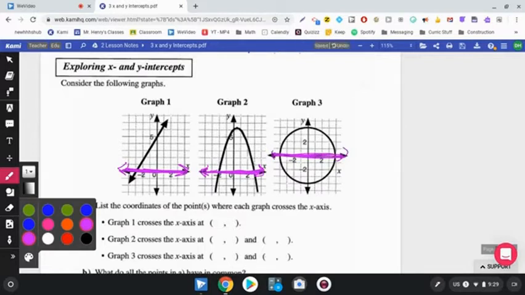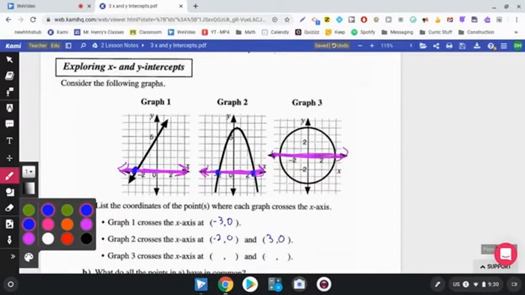Well, for the first one, I cross it at -3. I go back 3, so my x value would be -3, and my y value would be 0. Okay, I didn't go up or down. I stayed on the x-axis. Graph 2, there's actually 2 moments, it looks like. (-2, 0) and then (3, 0).